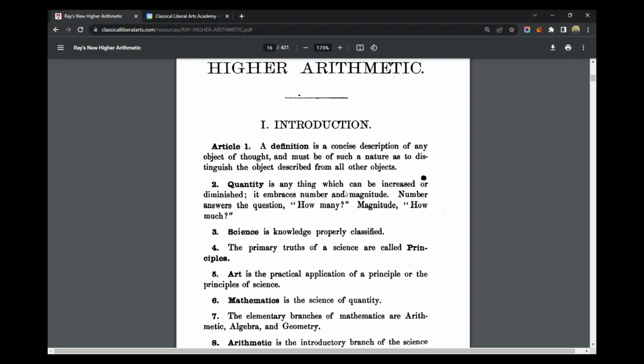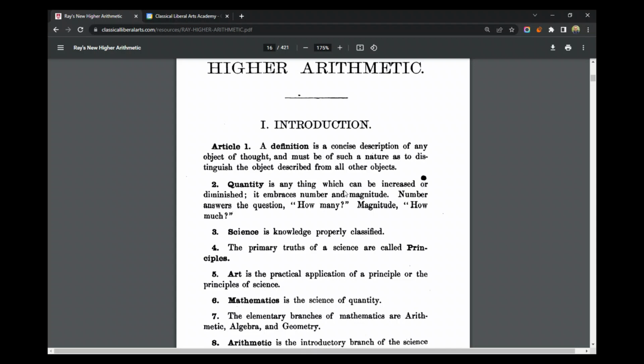Quantity is anything which can be increased or diminished. It embraces number and magnitude, and we'll see what these are further down. So number and magnitude are the divisions of quantity, two different kinds of quantity.